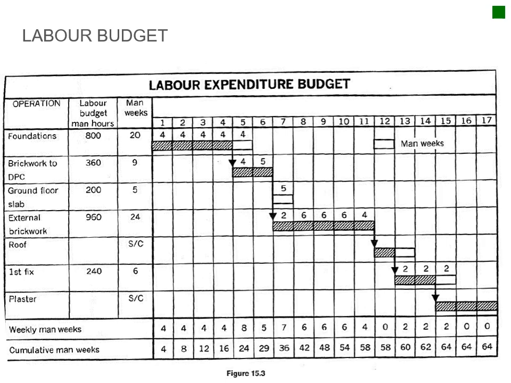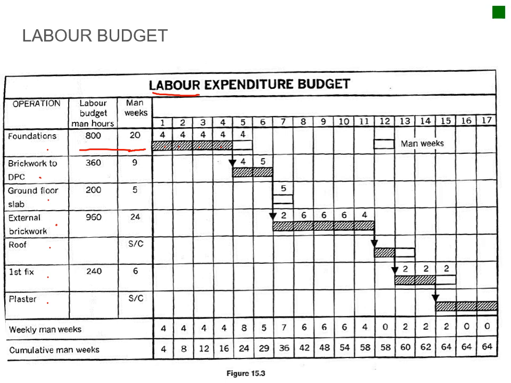Okay, so just looking at those graphs again, you've got your foundations, brickwork, ground floor, external works, roof, plaster, or first fix, plaster. So this is your labor expenditure that I spoke about earlier on. So you've got your man hours or your man weeks, and you divide that into your different weeks to calculate your cost.